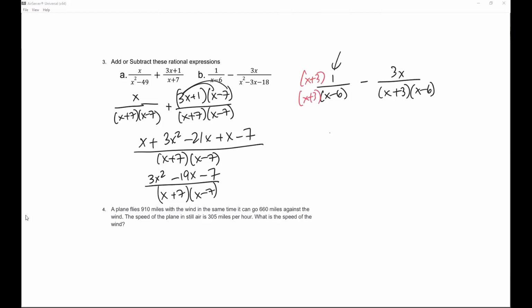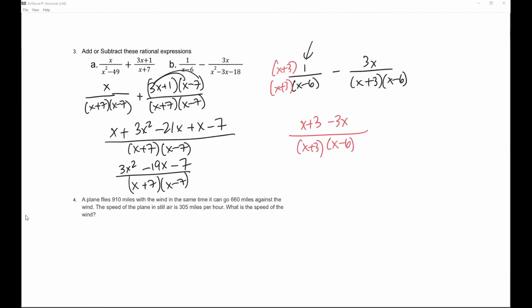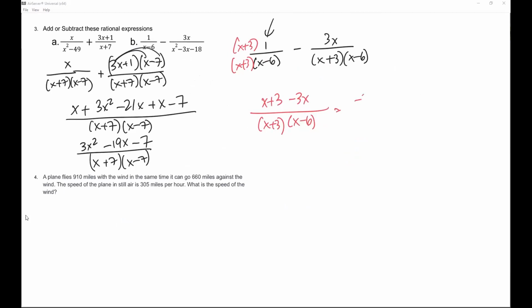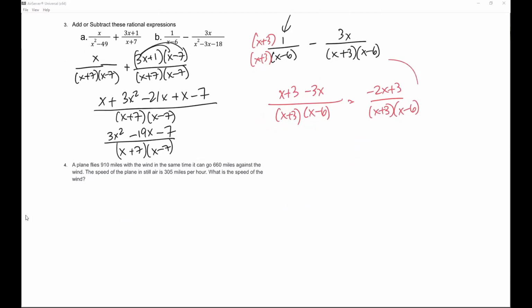So what happens is x plus 3 minus 3x all over x plus 3 and then x minus 6. If you combine like terms, it'd be negative 2x plus 3 all over x plus 3, x minus 6. Okay, and that's your answer.